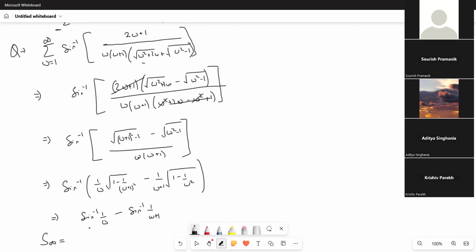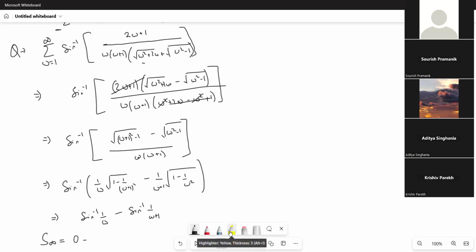So the smallest term, what will be the smallest term in this? When omega is infinity, so 1 by omega will become 0. So पहला term आ जाएगा sin 0. And the largest term in this, अरे largest term तो when omega is 1 होगा तब होगा ना.